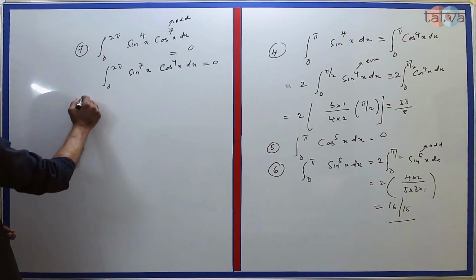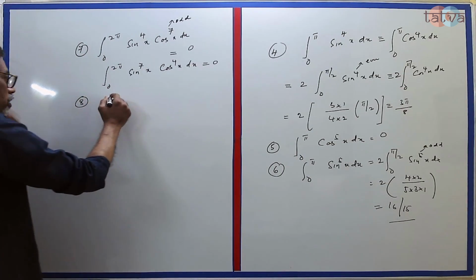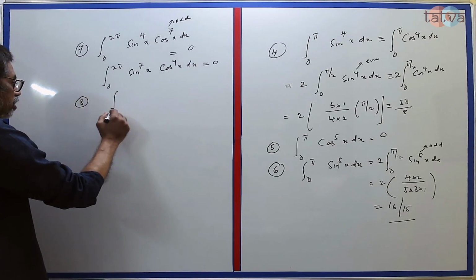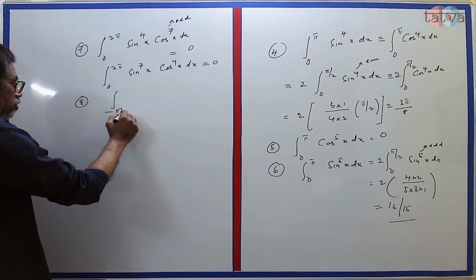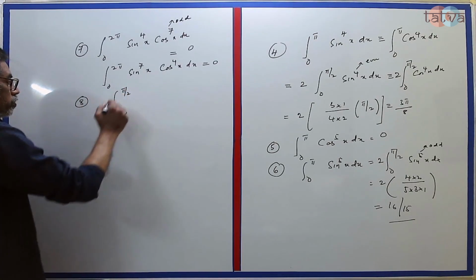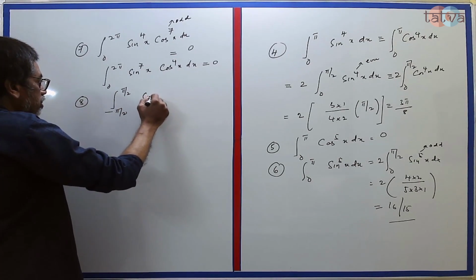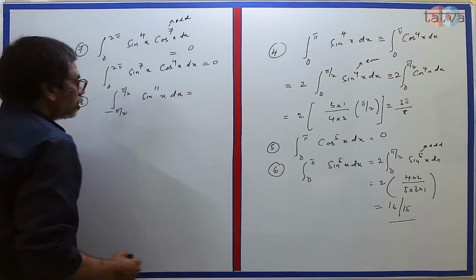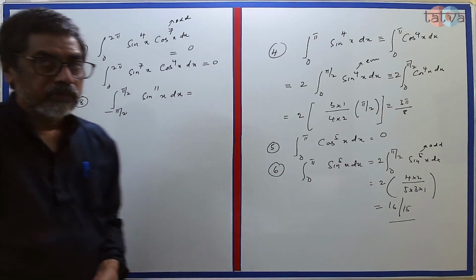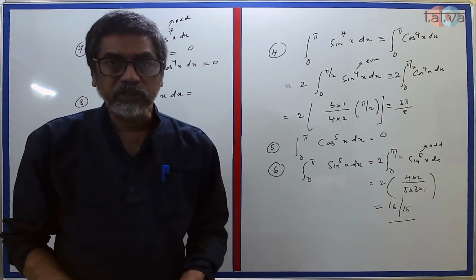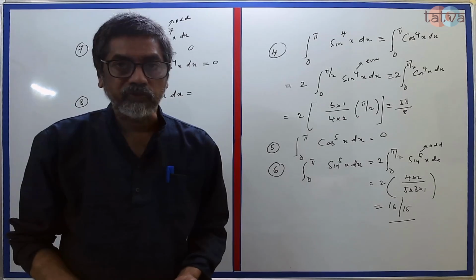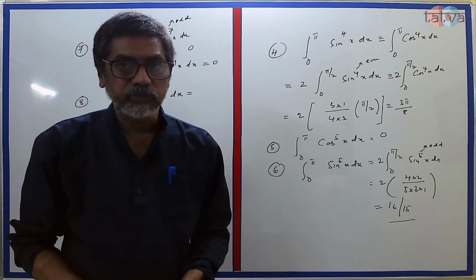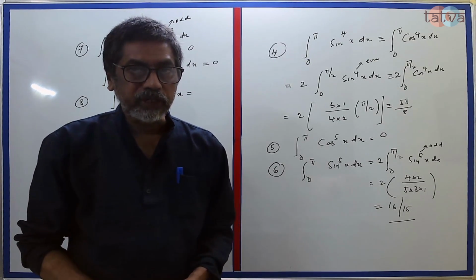Then coming to the next example, where we have integral minus pi by 2 to pi by 2, let us say a sine power 11x problem. Of course, we don't see so many of these types of questions arising in double integrations, but let us not rule out possibilities.